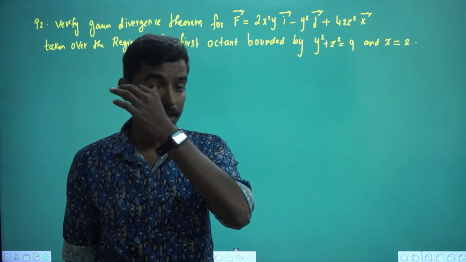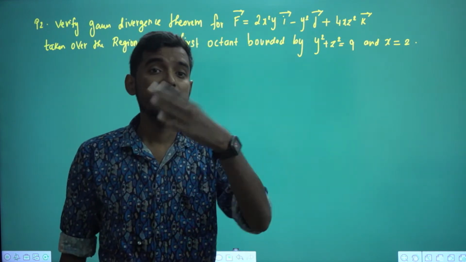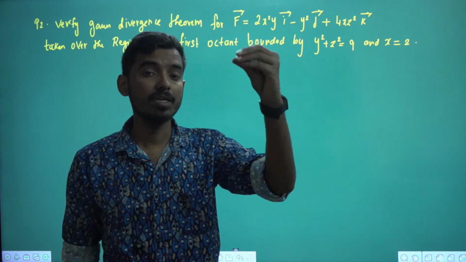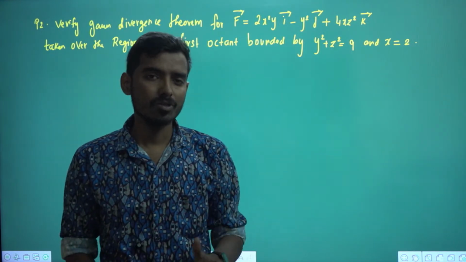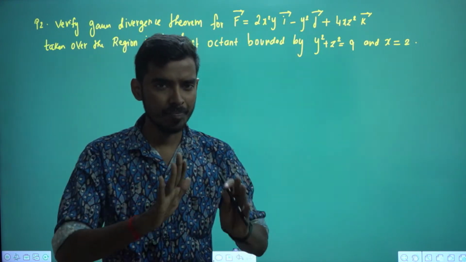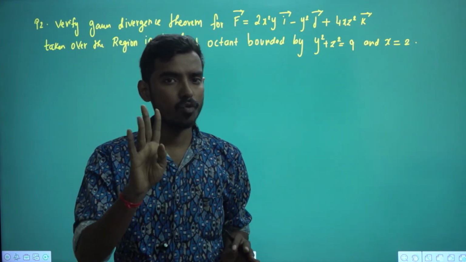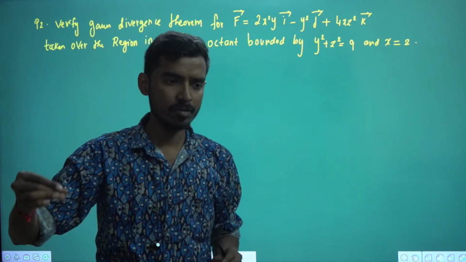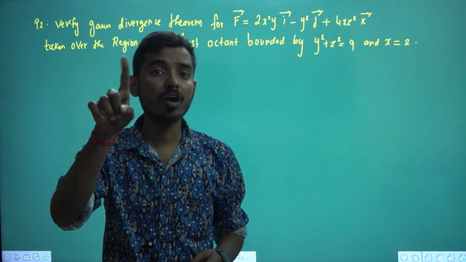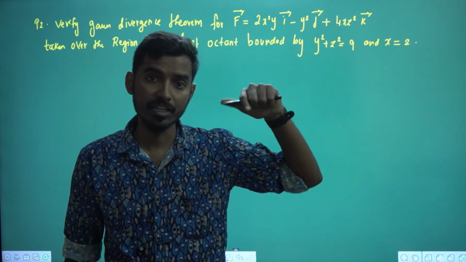In the first octant, all are positive. In the second octant, x will be something, y will be something, z will be something. I already explained that in the previous classes. So just as of now, think that for 2D, you have four quadrants, and in each quadrant your x and y will have some signs. Similarly, for 3D, you will have 8 octants. Here in 2D, you will say quadrant.